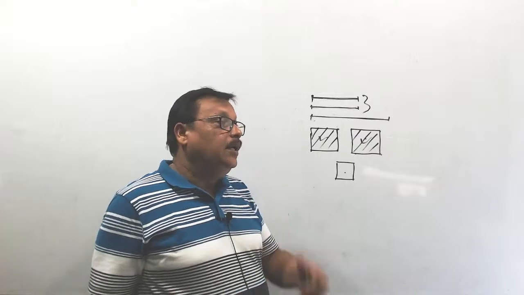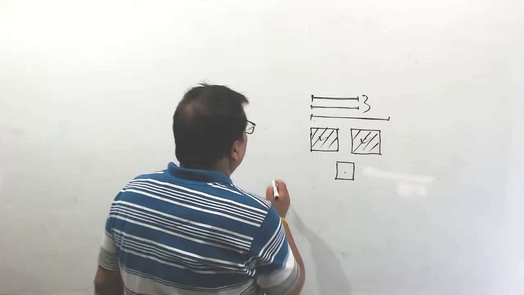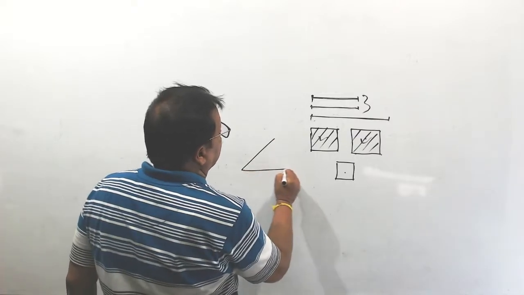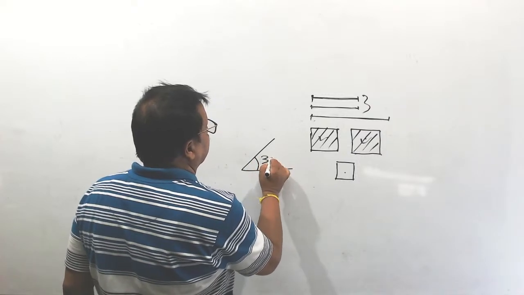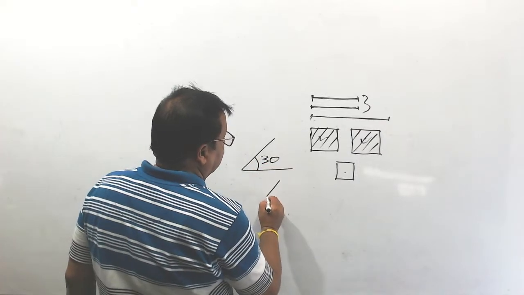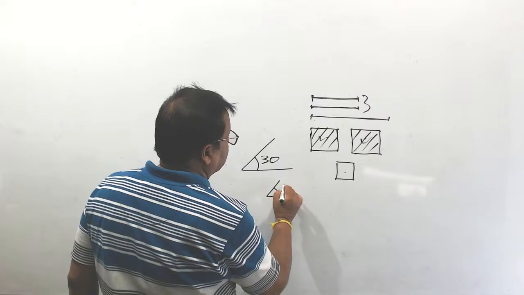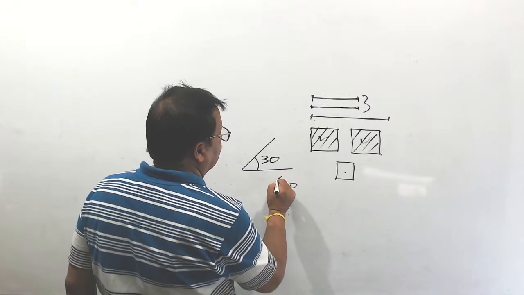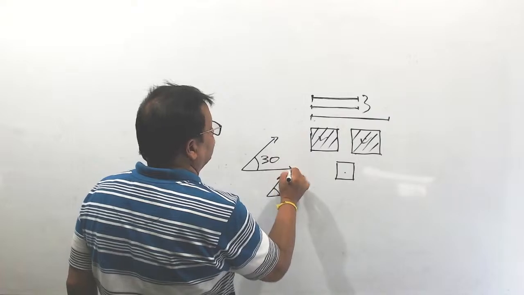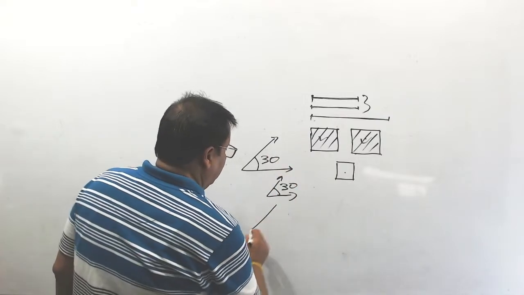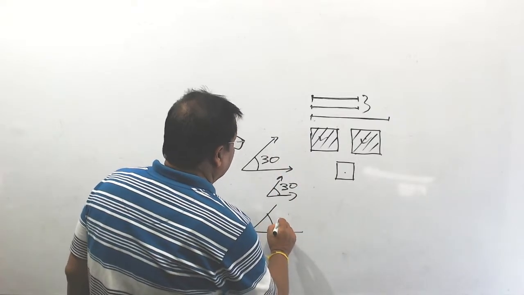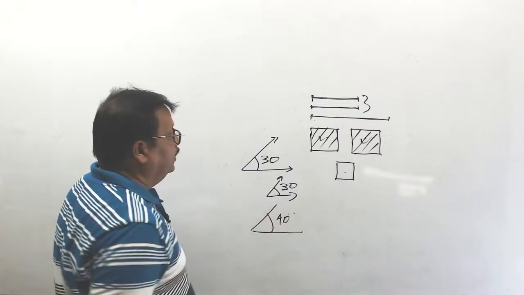Understood? Consider an angle. Here, say this angle is 30 degree. Another angle, this angle also say 30 degree. Another angle say 40 degree.